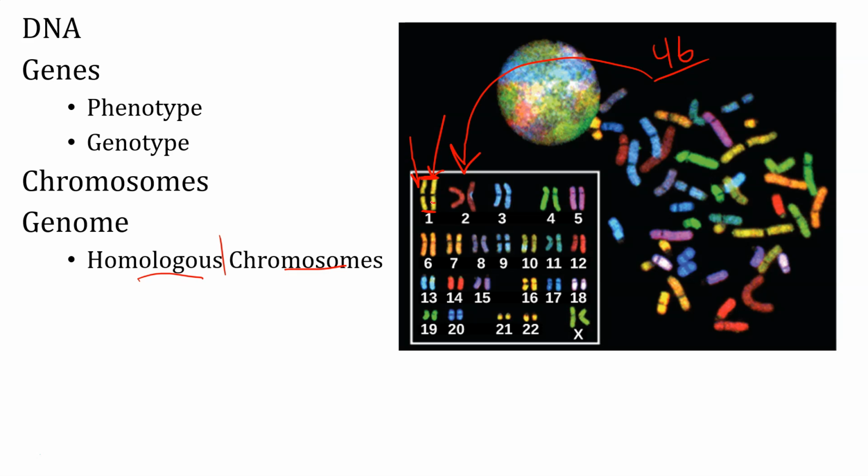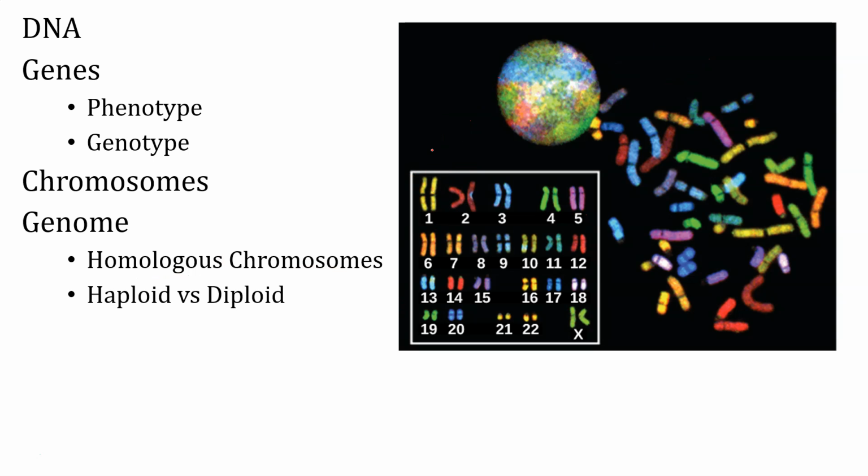It's not the same phenotype, but it is the same trait, hair color, okay, at the same location. So those would be homologous chromosomes when you have the matching chromosome from one parent to the other parent's sets of genes that they donated. Again, they'll be the same size, they'll have the same traits on them, even if the actual phenotype of the traits is different.